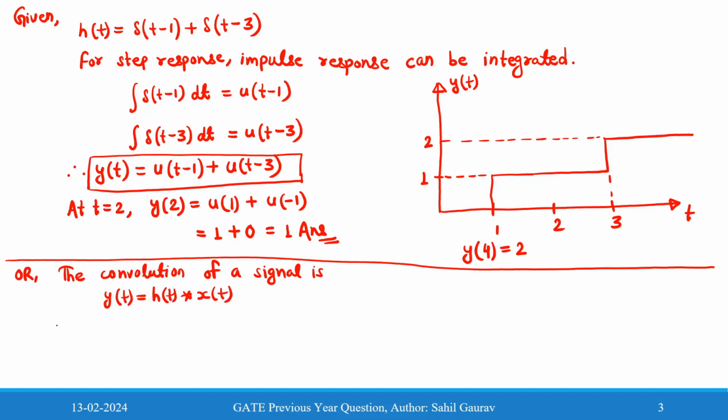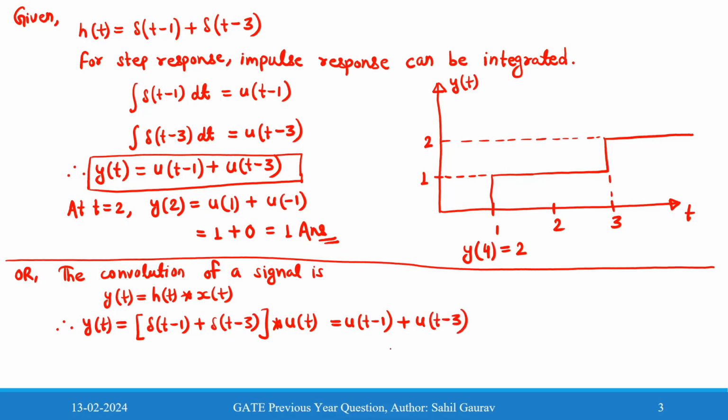So s(t) is given and x(t) is u(t). Therefore, just put these values. s(t) is given as the impulse response, delta(t minus 1) plus delta(t minus 3), convolution, and x(t) is u(t). So you will get u(t minus 1) plus u(t minus 3).